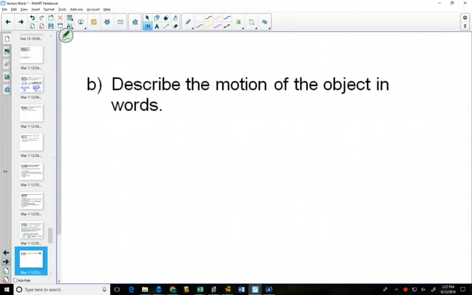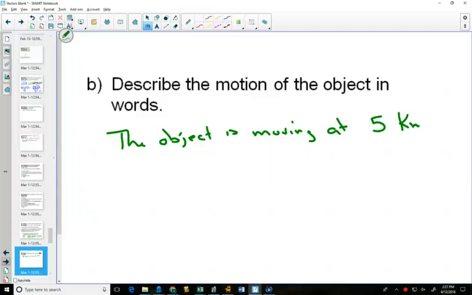If we wanted to describe the motion of this object, the object is moving at... now, how would we describe this direction? What's the best way of describing a direction that you're going, like 3 east and 4 north?